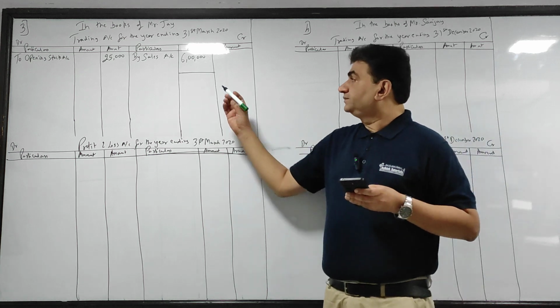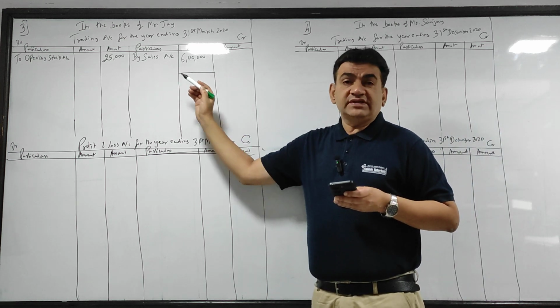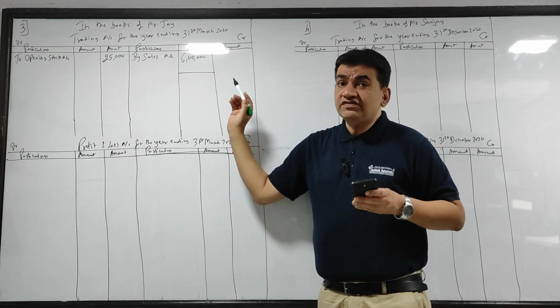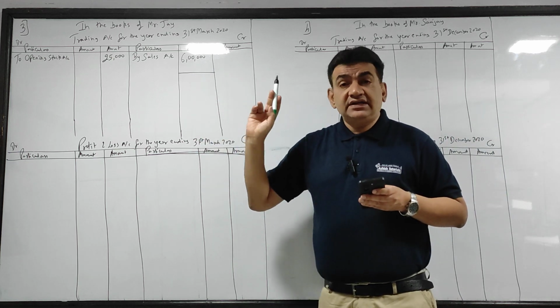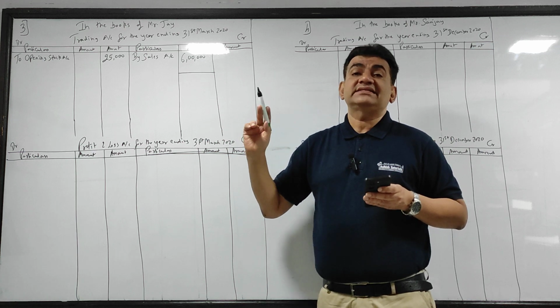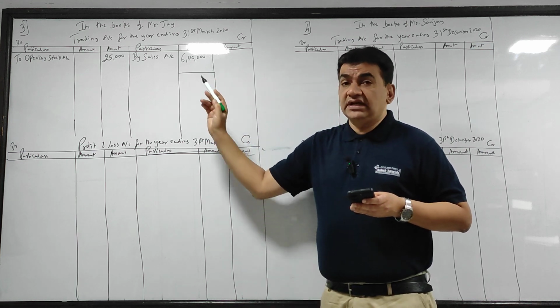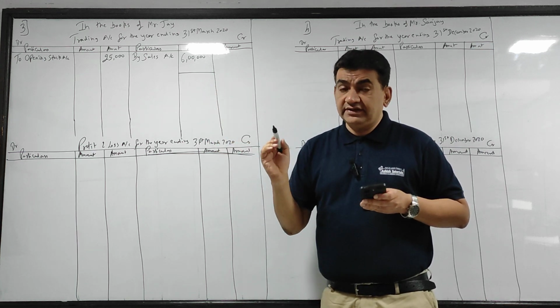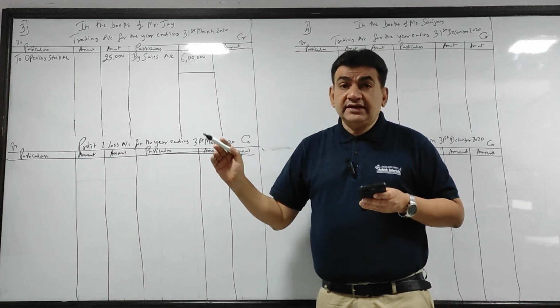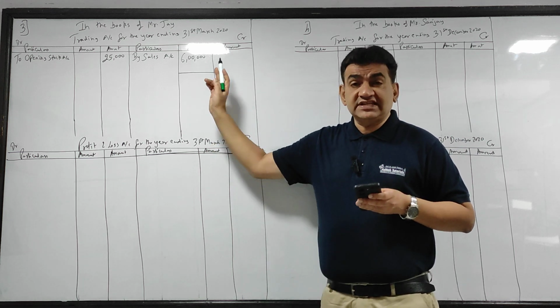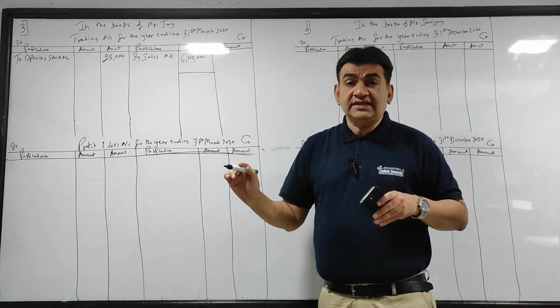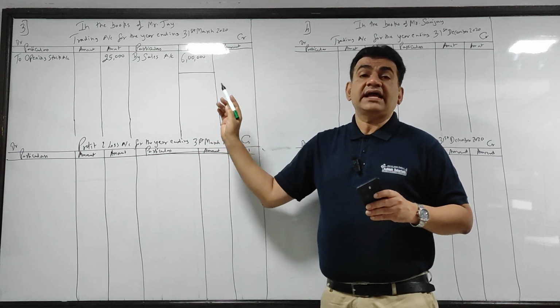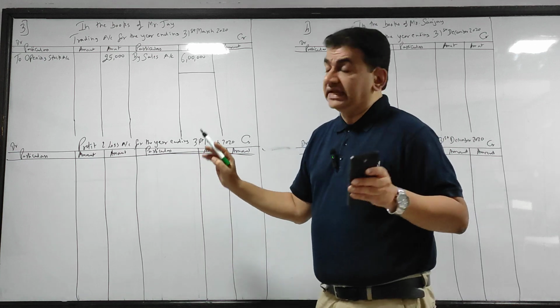What I told you, the figure of sales and purchases which has to come outside will be net. Net means gross minus sales return. This means during the entire year, I have sold goods worth 6 lakh. उसमें से कस्टमर ने 10,000 रिटर्न कर दिया है. So बाहर जो फिगर आएगा that has to be only for net sales.